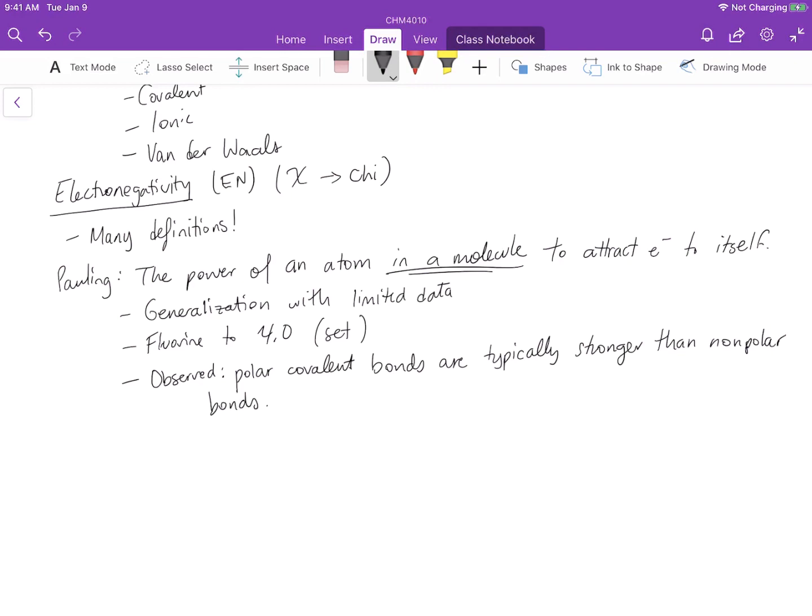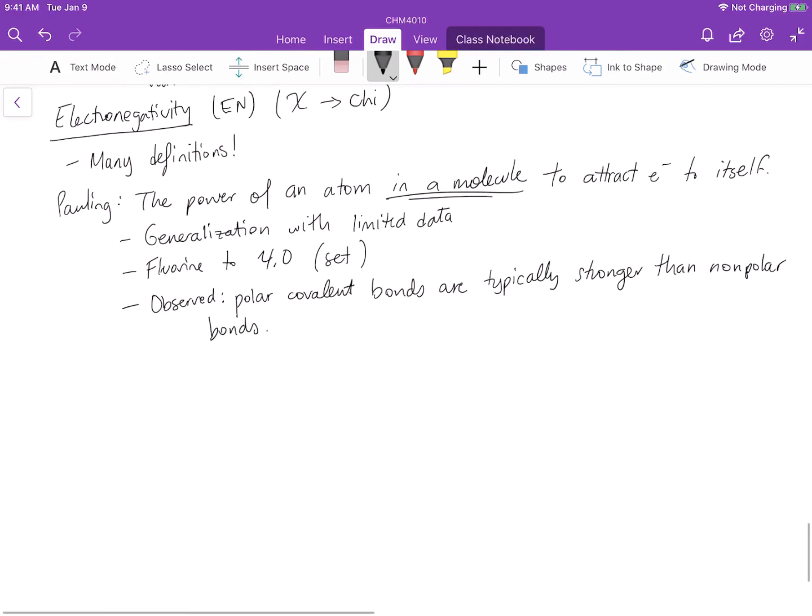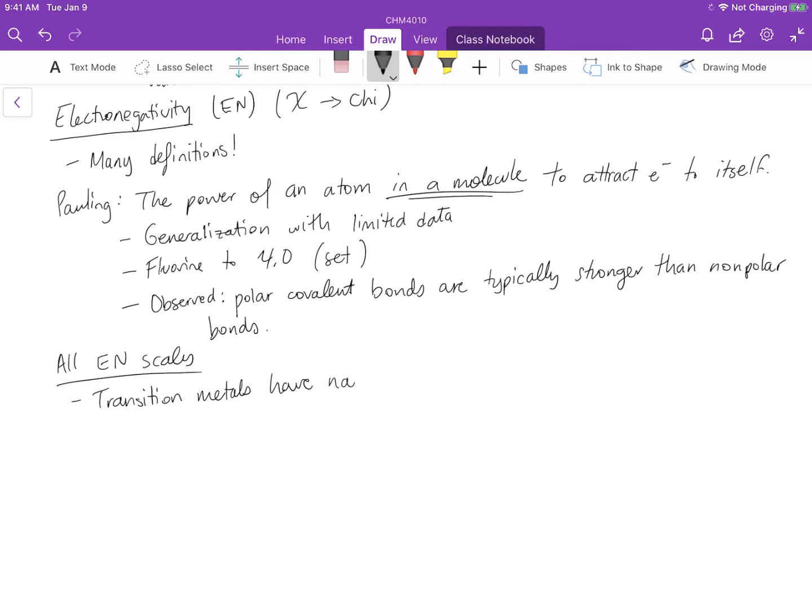So if you do end up looking more into electronegativity, you're careful. The one thing about all electronegativity scales, transition metals have a really small range of electronegativities. And so generally, it's not a good indicator of reactivity for transition metals.